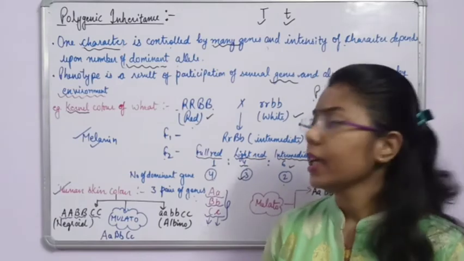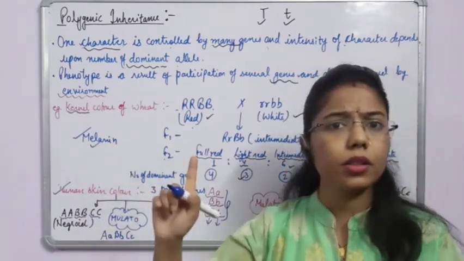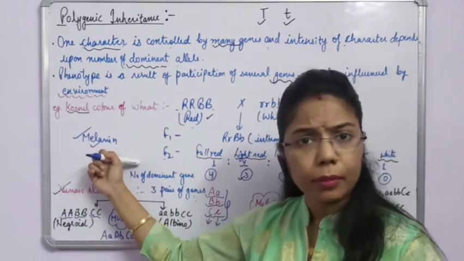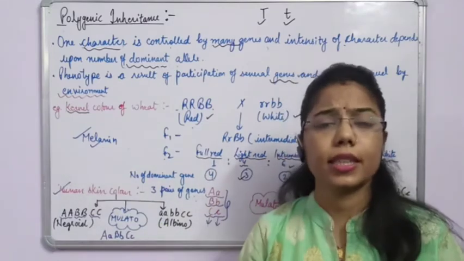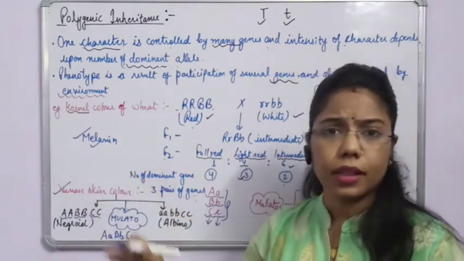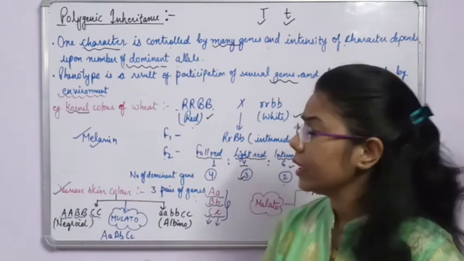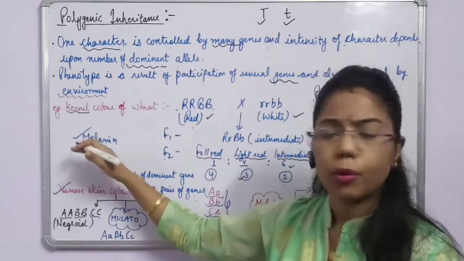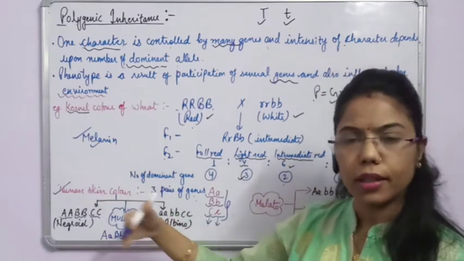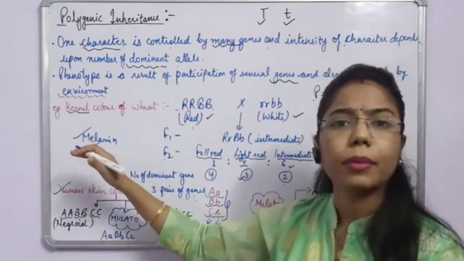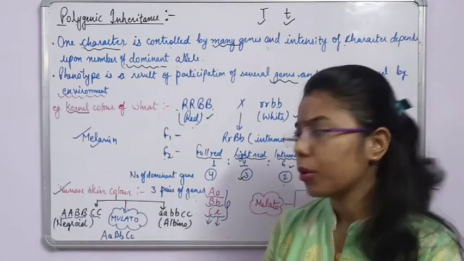We know that the more dominant genes there are, the more melanin pigment there will be. And in the second case, if the environmental condition is hot, what will happen? There will be more production of melanin. The more the environmental condition is hot, the more melanin pigment will also be produced in them.